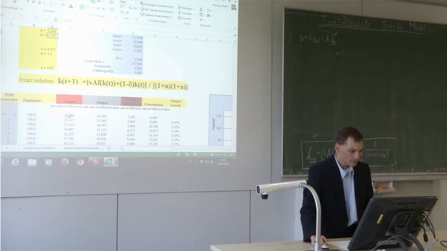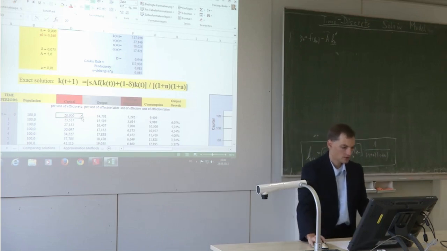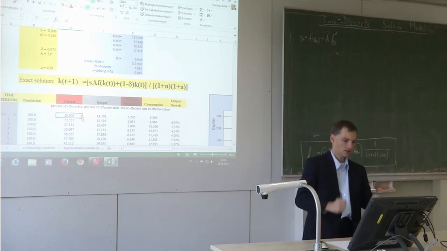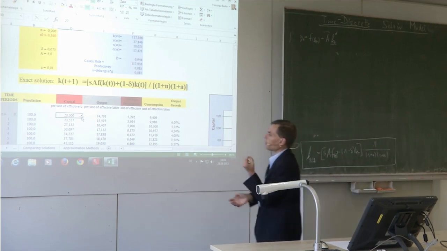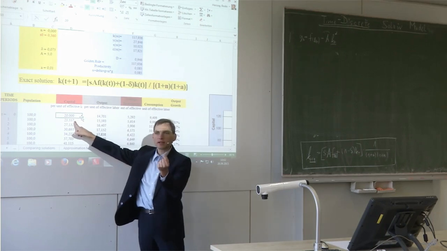Then here I assume that the capital stock today is 20. Yeah, 20 euros, you can say 20 million, 20 billion, it does not matter, it's 20. Now what I'm going to do is compute the capital stock in the next period.